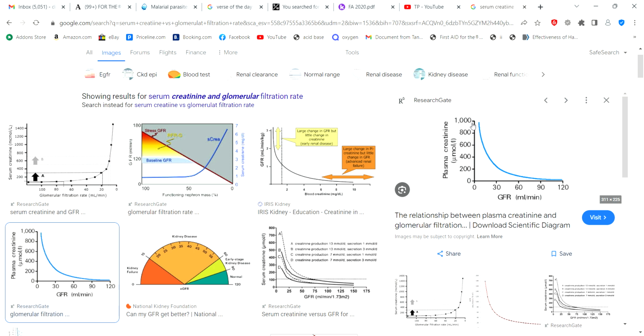Okay. What is normal GFR? So normal GFR is 100 to 130 milliliters in men. Okay, and 120 in women.